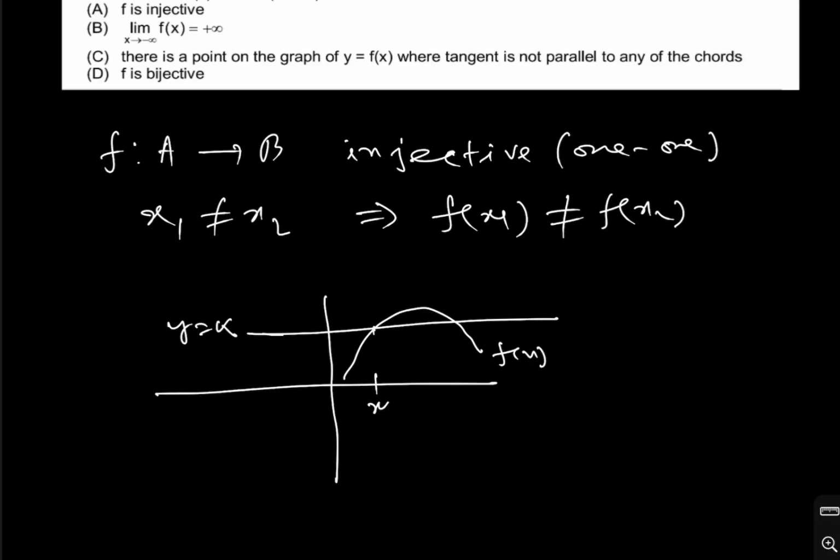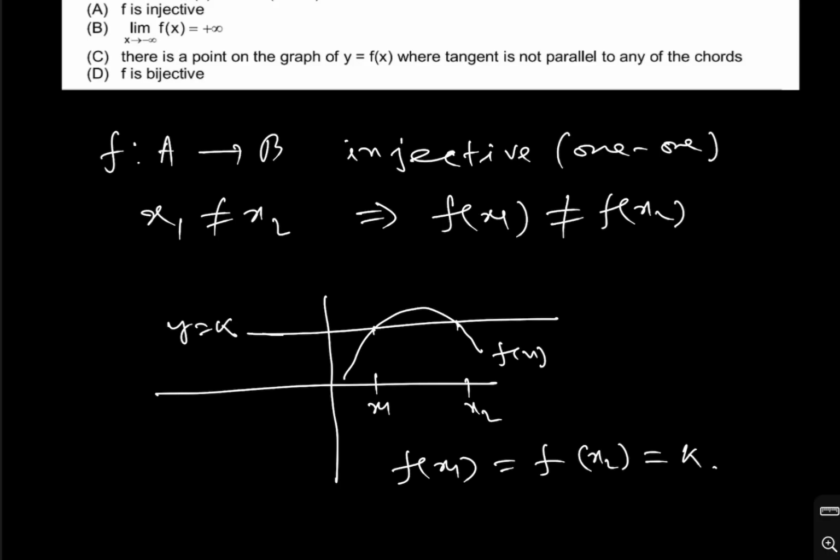Suppose this is x1 and this is x2, and at these two distinct points f(x1) and f(x2), since this parallel line cuts at two points, we can say that f(x1) is equal to f(x2) is equal to k. So in that case f is not injective.